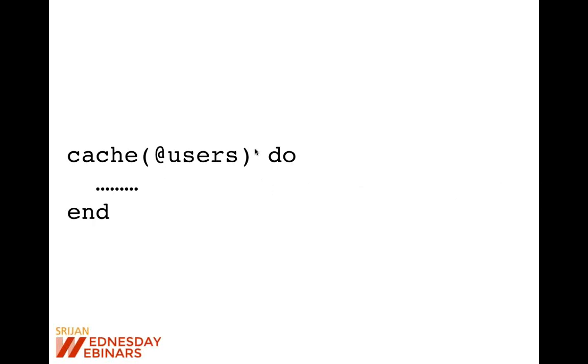If it has changed, it will generate a new cache key, which is not the same as what was generated previously. And if the cache key changes, then obviously it will render the response again. So this helps us in caching collections properly in Rails 5.